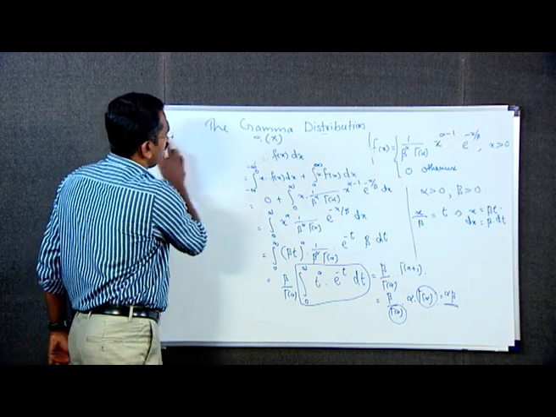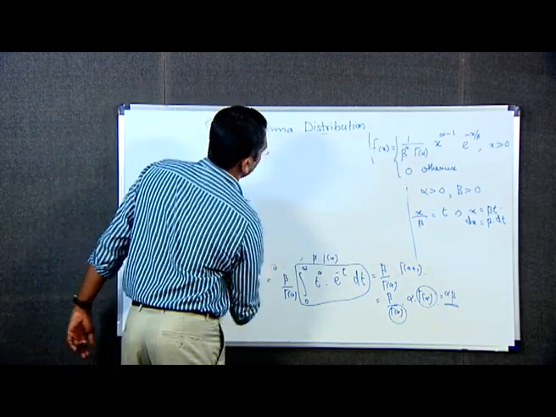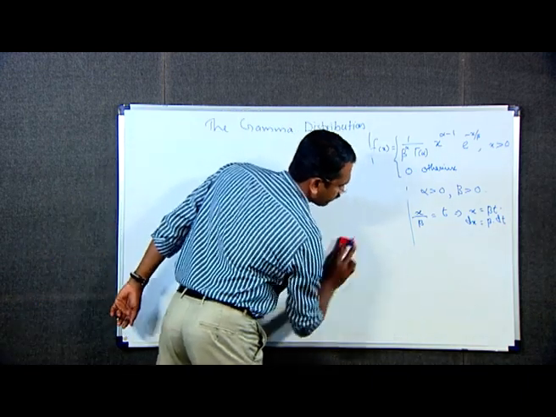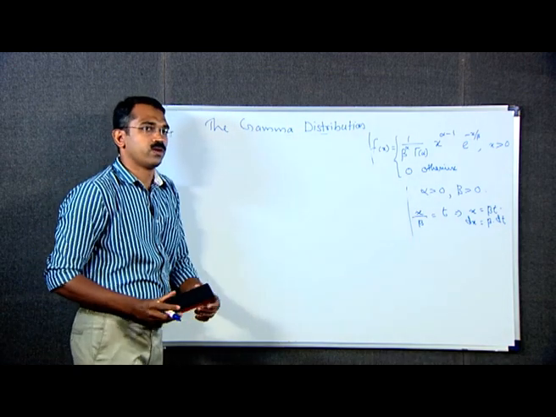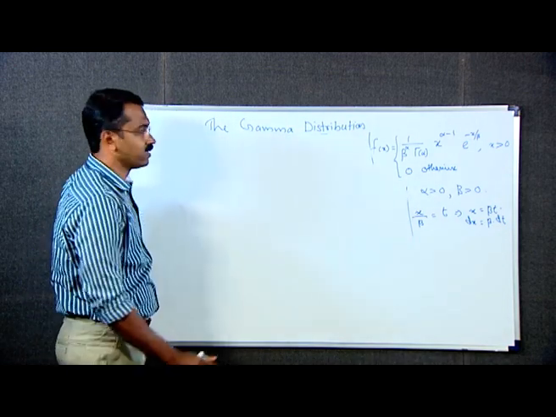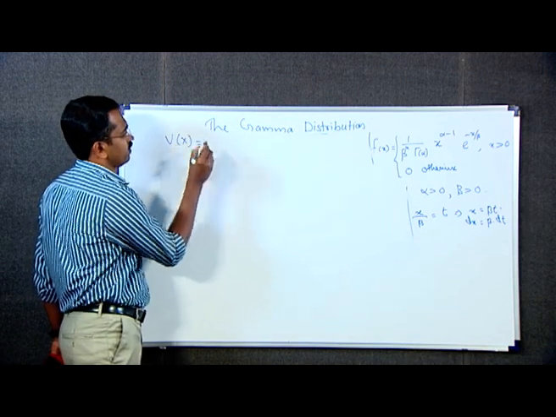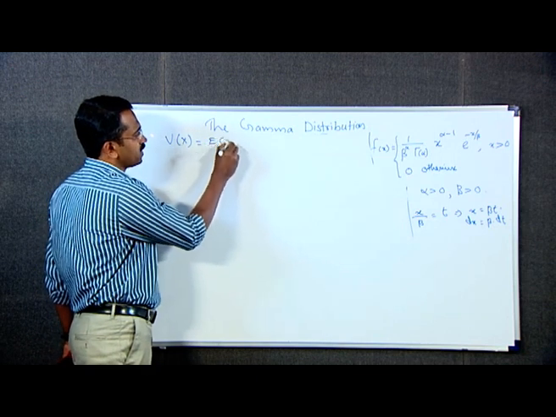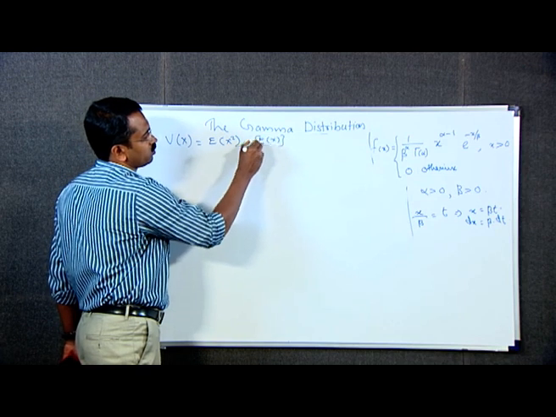Now we have to find the variance of gamma distribution. In terms of expectation, variance of x is defined as V of x is equal to expectation of x square minus expectation of x the whole square.